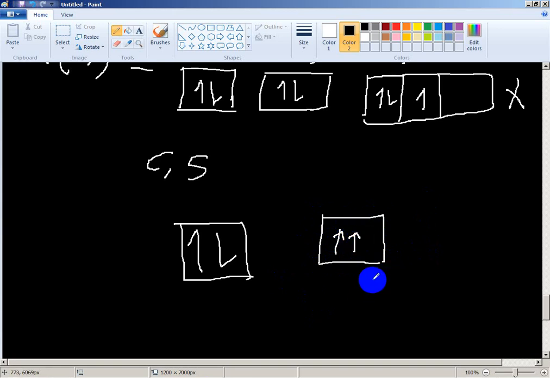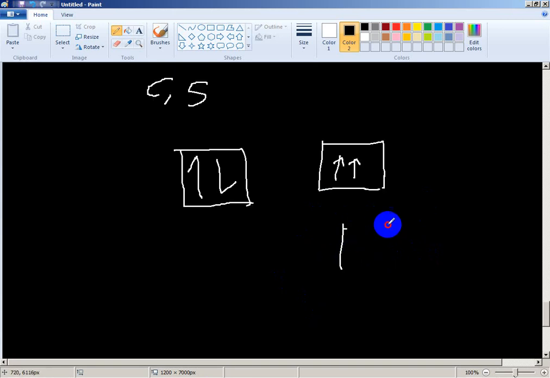They must have opposite spins, plus half and minus half. Have you understood? Yes, sir. Same spin will not work. This is the Pauli exclusion principle.